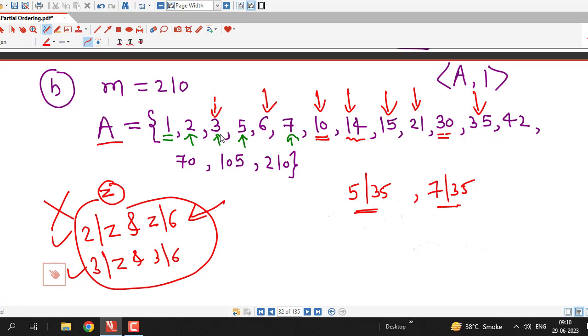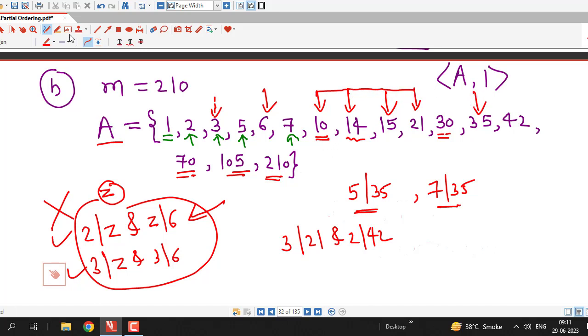Similarly, 42 is not a cover of 3, because 3 divides 21 and 21 divides 42. Similarly, you can check that these remaining integers cannot be covers of 2, 3, 5 and 7. So covers of 2, 3, 5 and 7 are 10, 14, 15, 21 and 35.